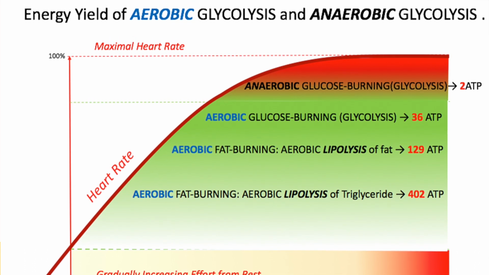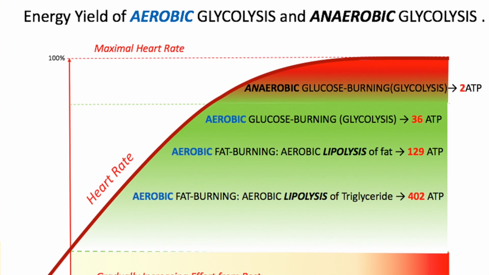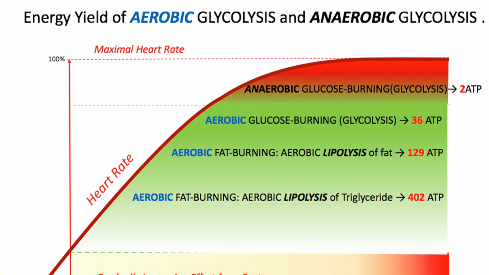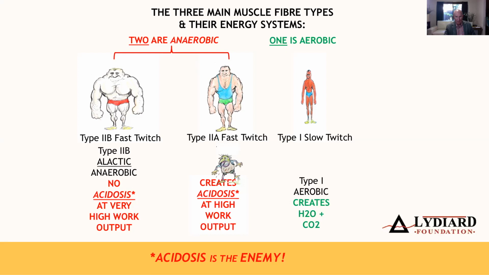So there's a huge difference in the amount of energy that's able to be produced from a net amount of fuel. But they're both anaerobic. One uses lactate, or is lactate anaerobic, and one only uses non-lactate fuels or non-carbohydrate fuels, really.